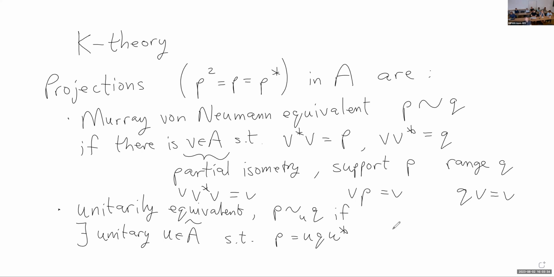All right. So Murray-von Neumann equivalence, then unitary equivalence. The third notion of equivalence is homotopy.